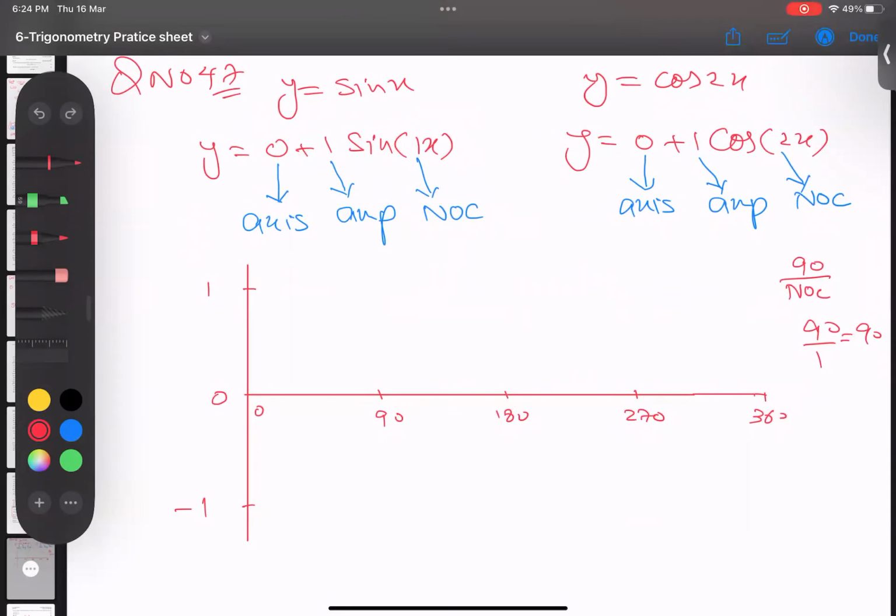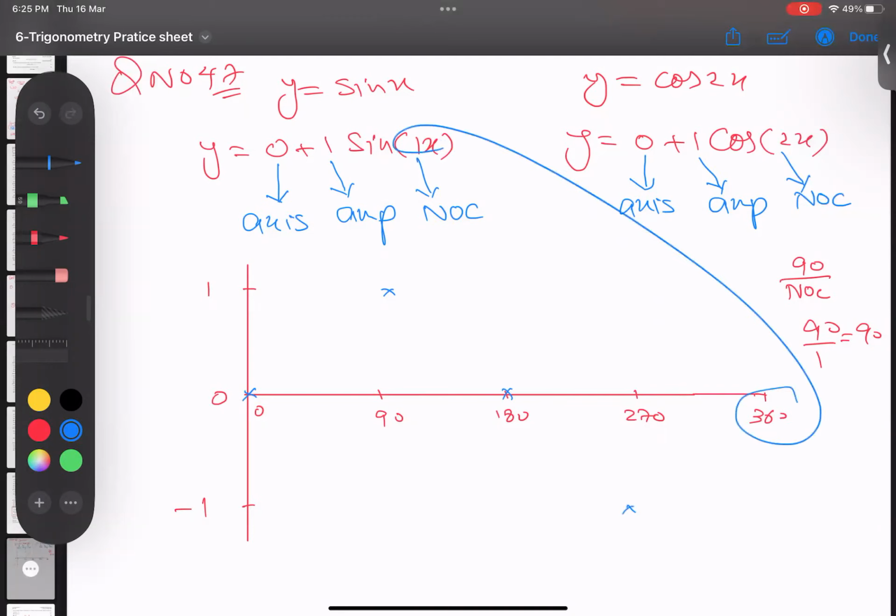Okay, let's start. First of all, 0 I will plug in here. When I plug in 0, I get 0. When I plug in 90 in the place of x, I get 1. You can check with a calculator parallel with me. When you plug in 180 in the place of x, you get 0 again. When I plug in 270, you get minus 1.